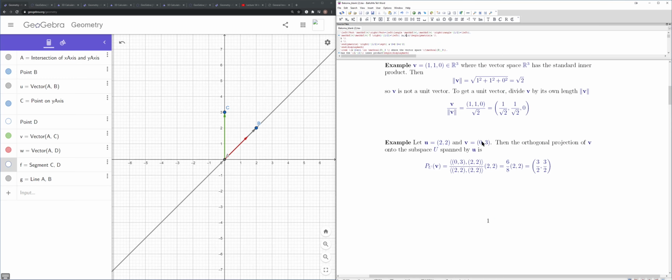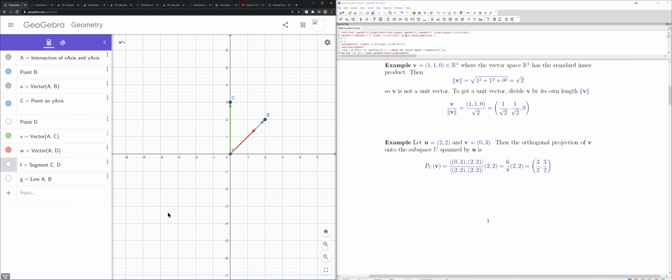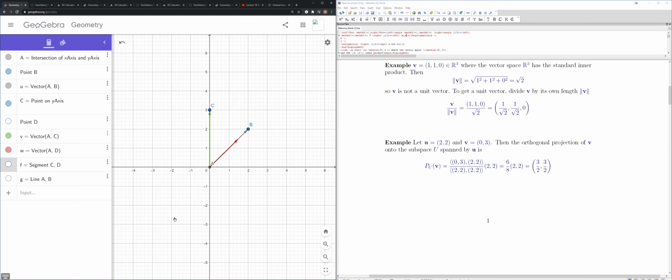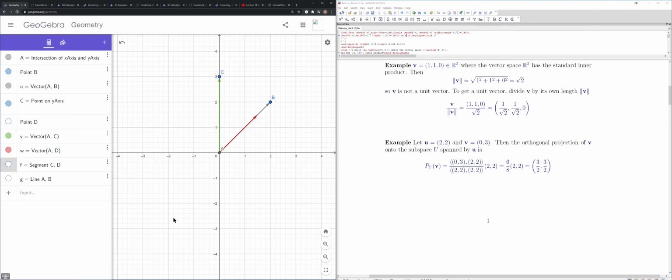The calculation is: v is (0, 3), so the green one here is (0, 3). The vector u is this gray vector here, (2, 2).